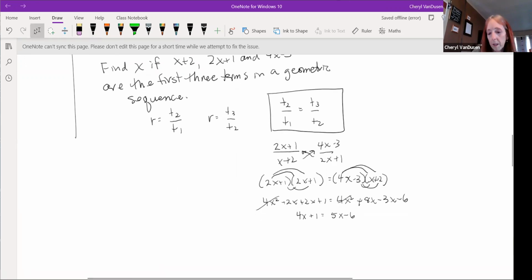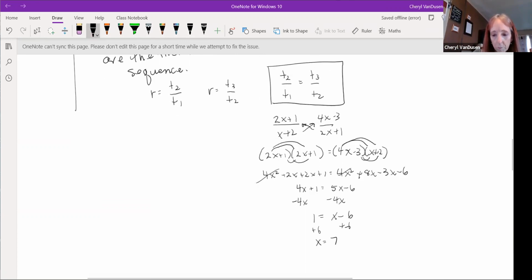And so, if we want to make our life easy, we could move the x's to the right-hand side and get a positive 1. So let's do that. Let's be wise about it. So let's take that over there. We get 1 equals x minus 6. Add 6 to both sides, and then get x equals 7. At the end, I sort of move it around. Okay. And again, like a minute ago, we could go and put the 7 into the expressions. And as long as you don't make any silly mistakes like I did a minute ago, then it'll work out, no problem.